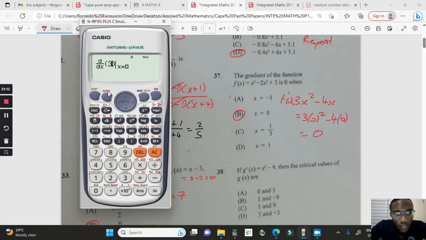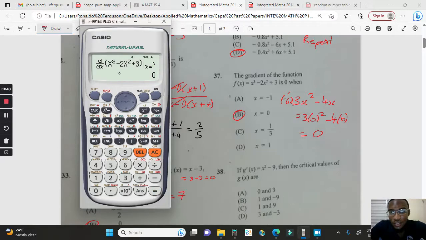Derivative of 3x, well, it's not 3x, it's x cubed. I'm just showing you how to use a calculator for these questions. Minus 2x squared plus 3. And then this is at the point when x is 0, let's say. And the gradient is 0, just like our answer.